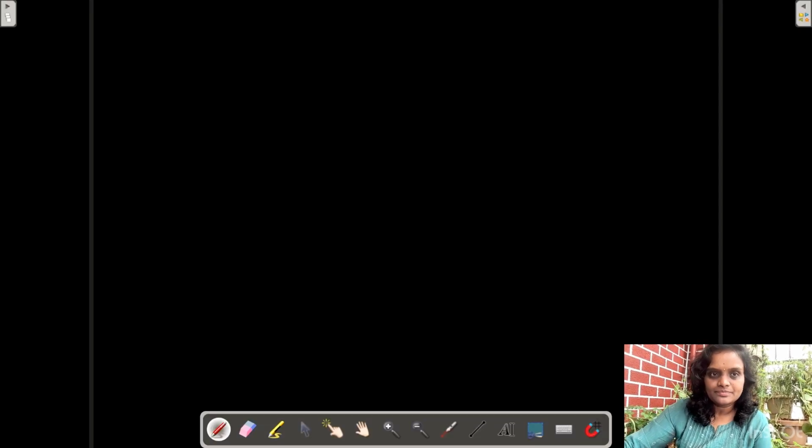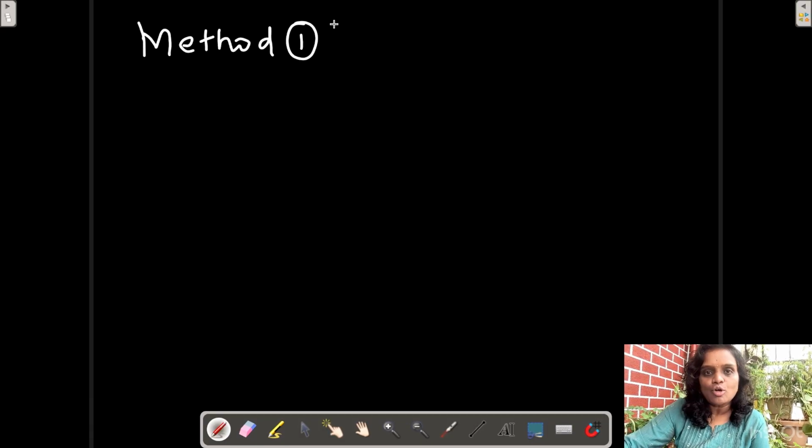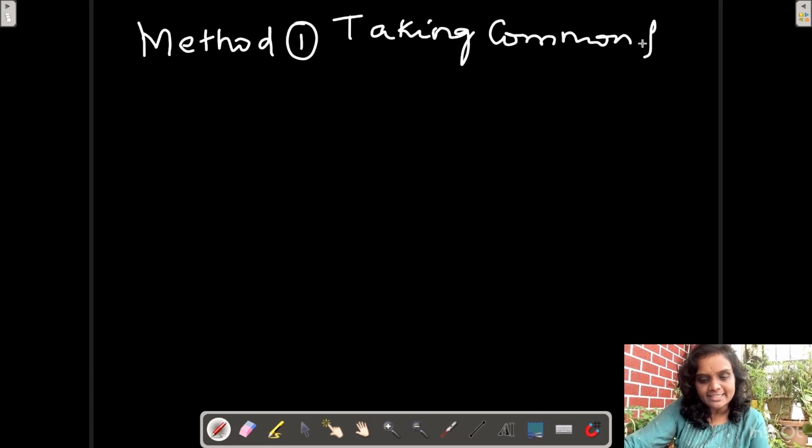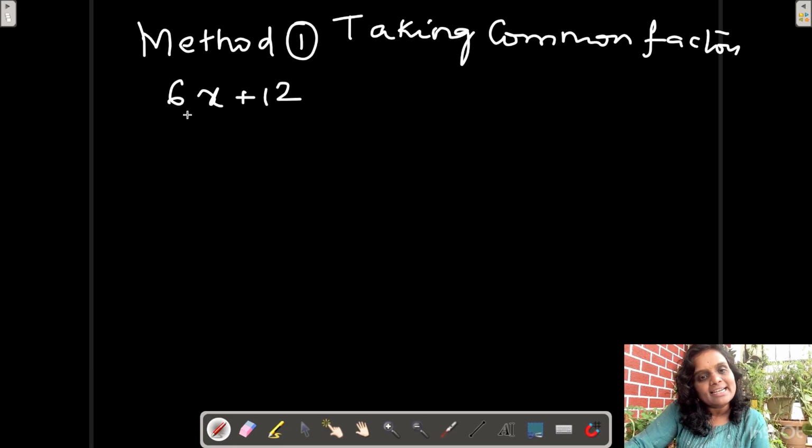Method 1. Taking common factors. Take this example: 6x plus 12. If you see, there are two terms here, 6x and 12.